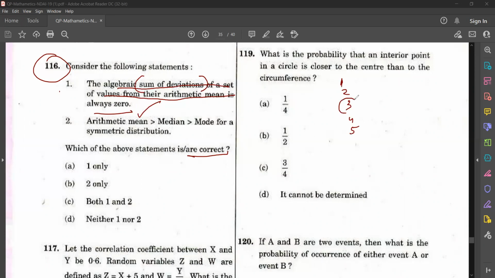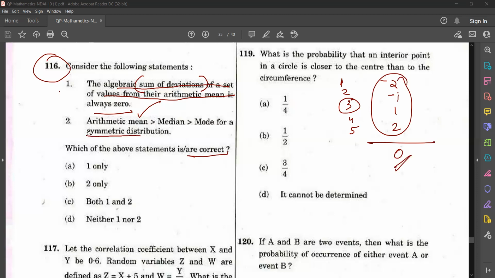So the mean is 3, isn't it? When you subtract each value, 1 minus 3 is minus 2, 2 minus 3 is minus 1, 4 minus 3 is 1, 5 minus 3 is 2. When you add these, what are you going to get? You are getting 0. So the first statement is correct.